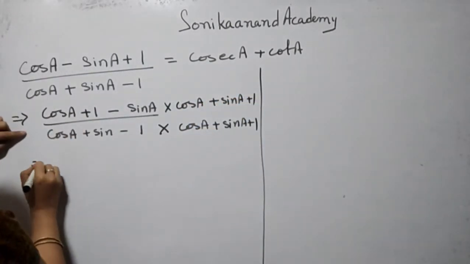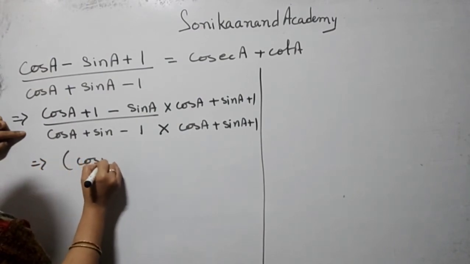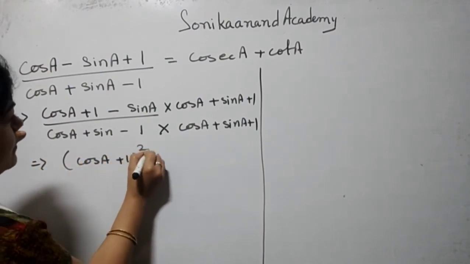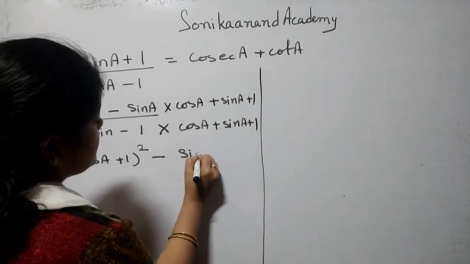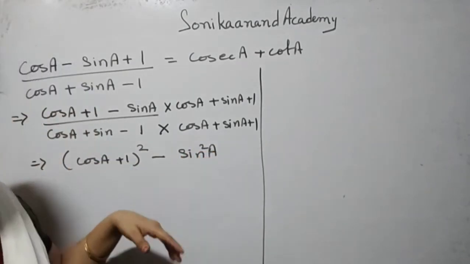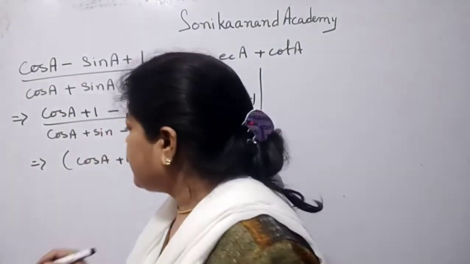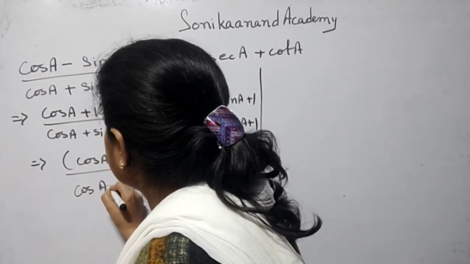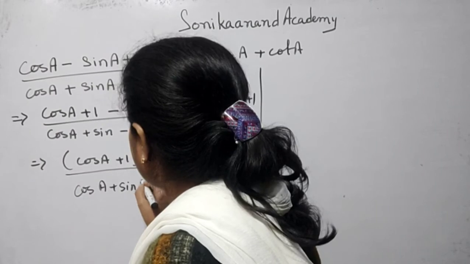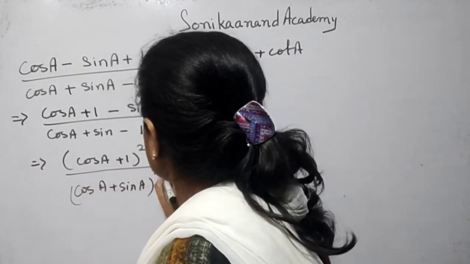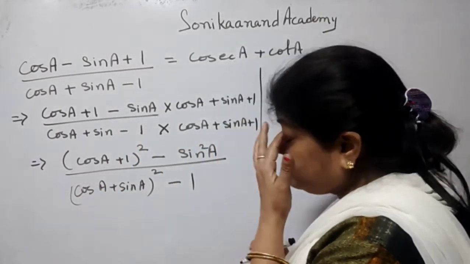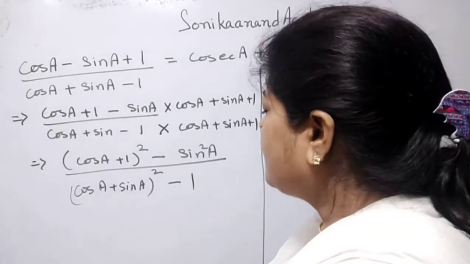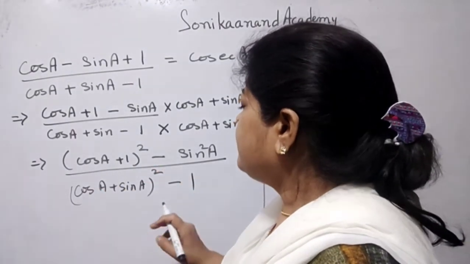So what are we left with? Cos a plus 1 whole square minus sin square a. You have to use a square minus b square. And here we get cos a plus sin a whole square minus 1. So now we expand it.